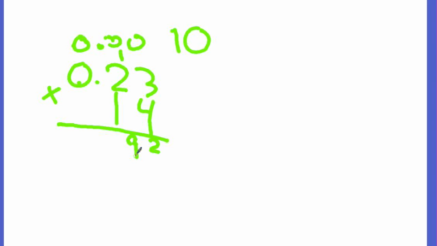And 4 times 0 would be 0. Bring down a 0. So then you just 1 times 3 would be 3. 2 times 1 is 2. Then you put the 0 there.